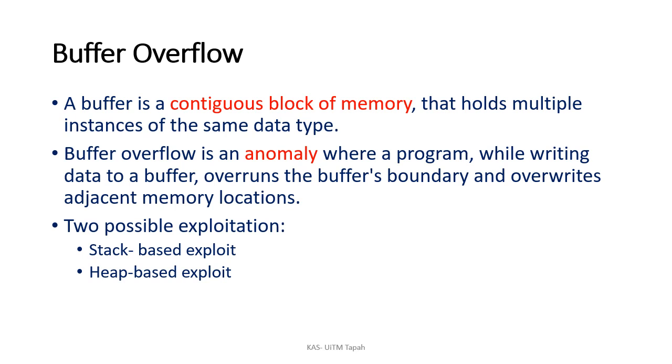Okay, now kita pergi ke the next threat, which is buffer overflow. So you know buffer, right? It's a contiguous block of memory that holds multiple instances of the same data type. So apa yang berlaku dalam buffer overflow ialah dia berlaku anomaly of your program while you are writing data to the buffer, and the buffer's boundary is overrun and they overwrite the adjacent memory location.